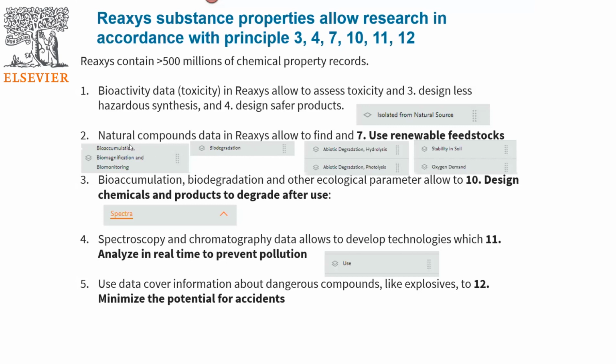We already discussed bioaccumulation, biodegradation, abiotic degradation, stability in soil, and oxygen demand to cover principle number 10, design chemicals and products to degrade after use. With these searchable fields, you can access this information.